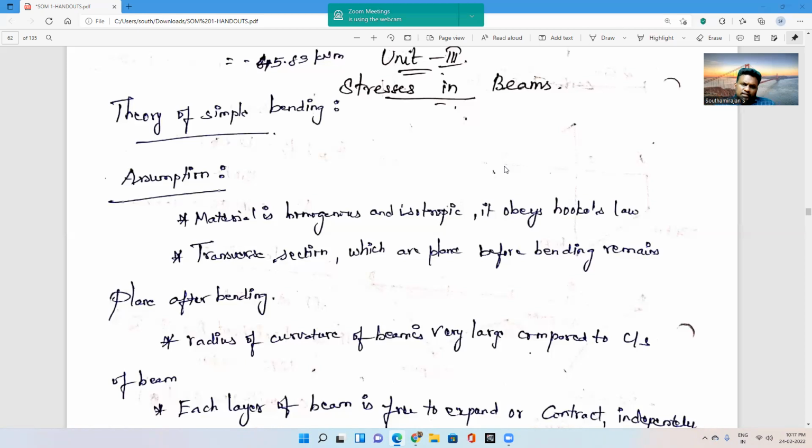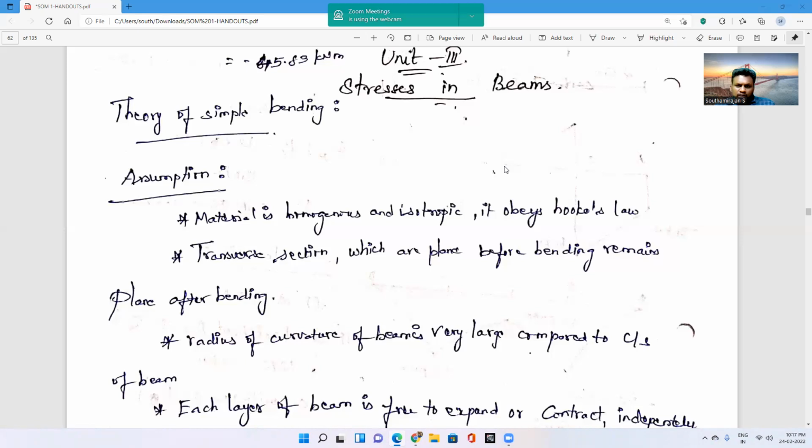In order to calculate the bending stress variation, we apply the theory of simple bending. The theory of simple bending gives a justified diagrammatic representation of bending stress variation. The simple bending equation is derived from certain basic assumptions. The assumptions are that the material is homogeneous, the material is isotropic, and it obeys Hooke's law.